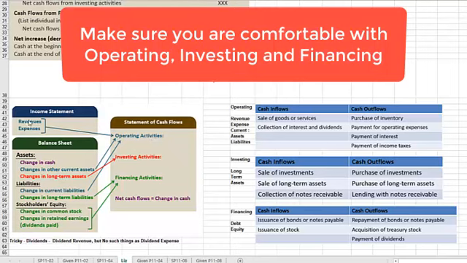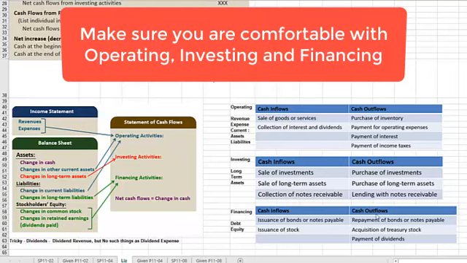So operating is made up of revenues and expenses, all of the things on the income statement, changes in other current assets, and changes in current liabilities. Investing is made up of changes in long-term assets, and financing is made up of our debt and our equity, which is changes in long-term liabilities and changes in common stock and changes in retained earnings, which include dividends paid.